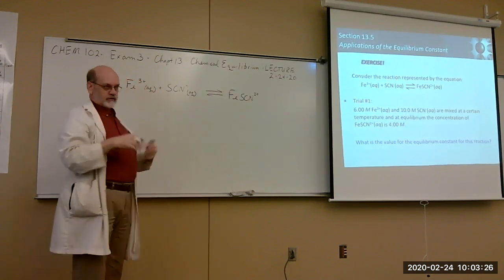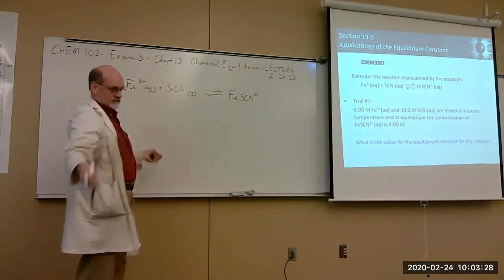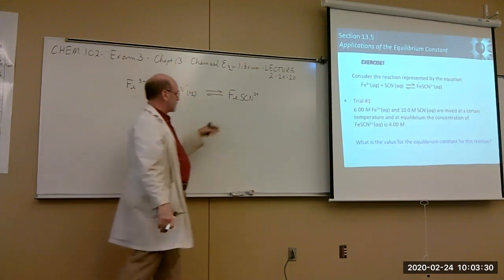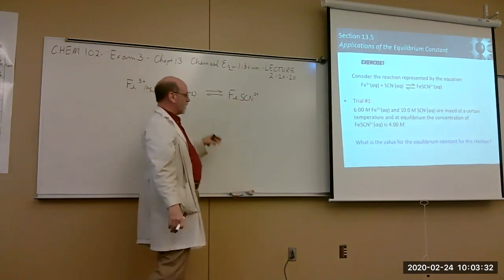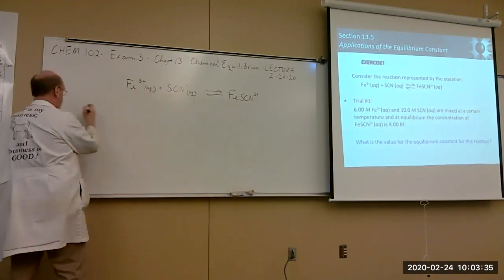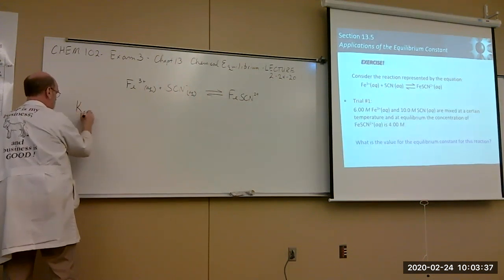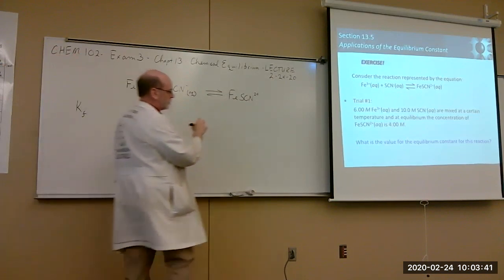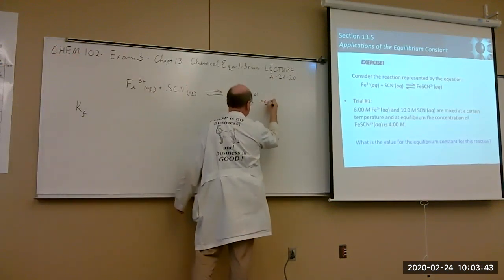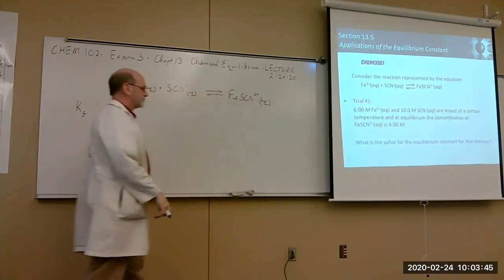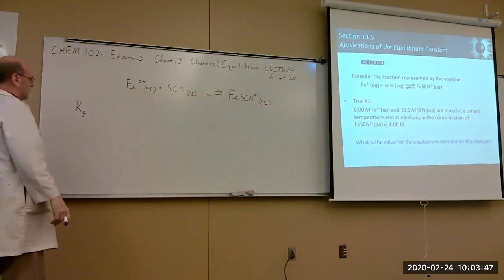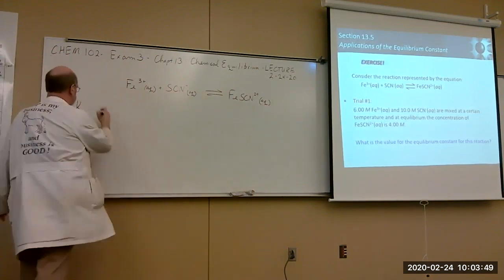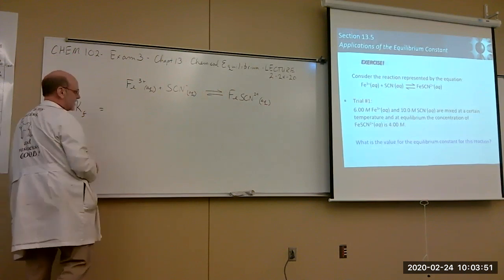And since those are spectators, we just crossed them out and left us with this one. The K for this one is actually that formation constant, because everything is still in solution. And we want to find out what that K is.